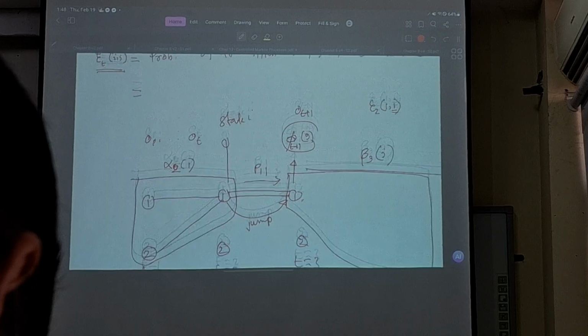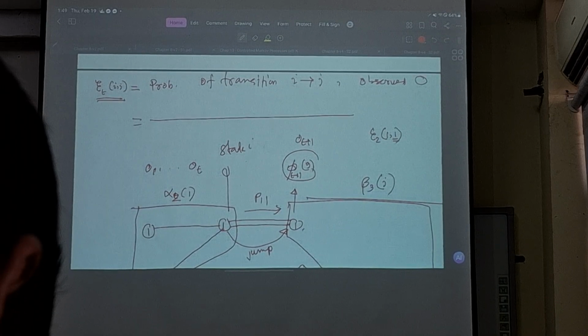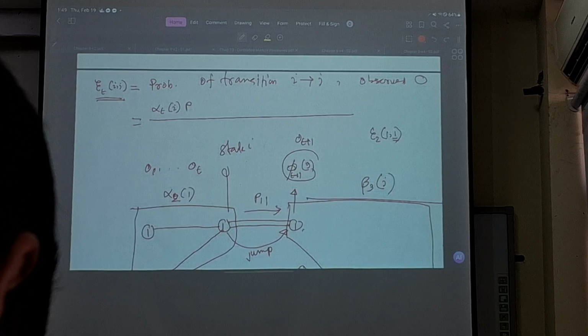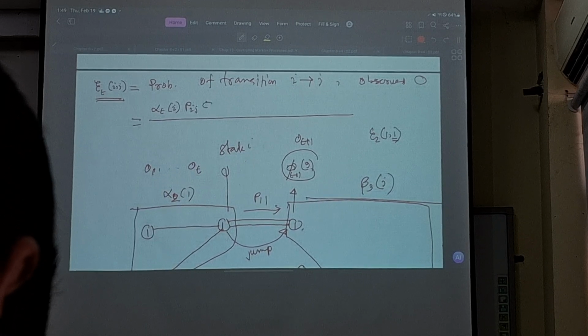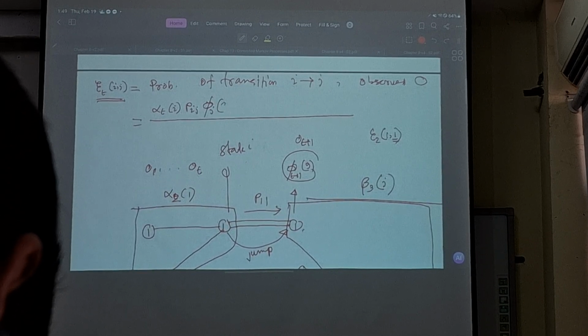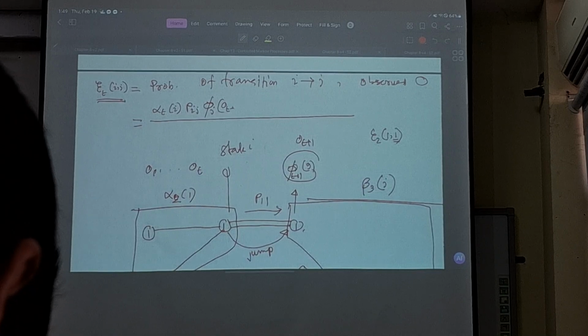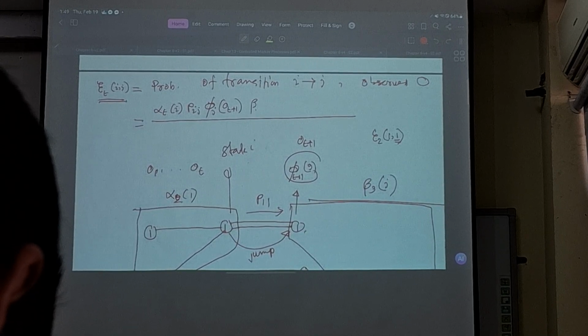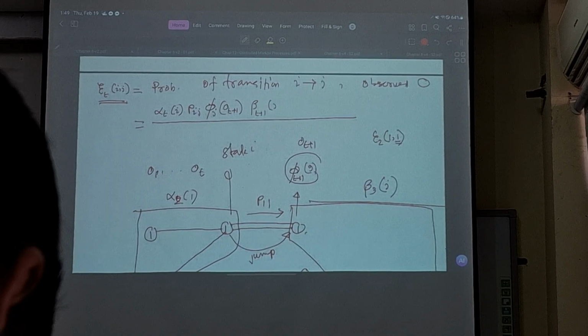So if we want to write this here, then this probability becomes alpha ti, then I to j, then phi j symbol is O t plus 1, then beta t plus 1.